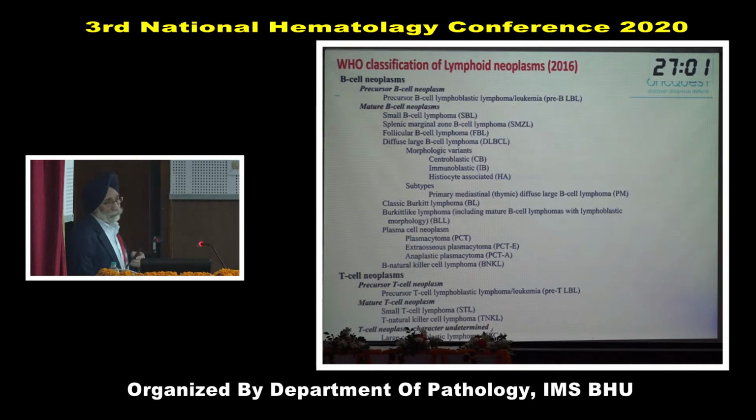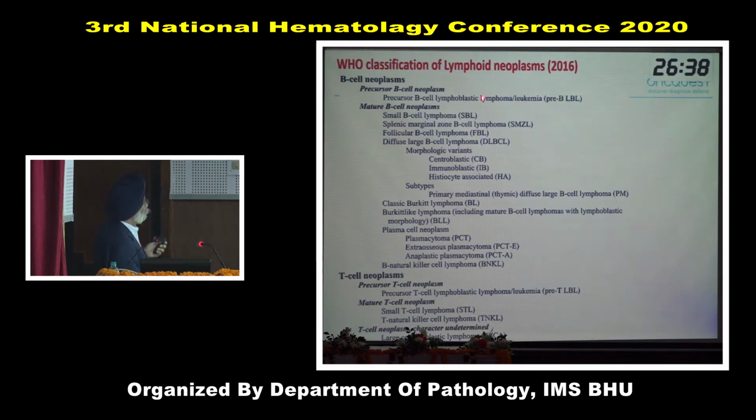Now this is the WHO classification of precursor B cell neoplasm. And here we have precursor T cell neoplasm. WHO has very nicely classified that the ones which arise from the mature B cells are, the majority of them, lymphomas.